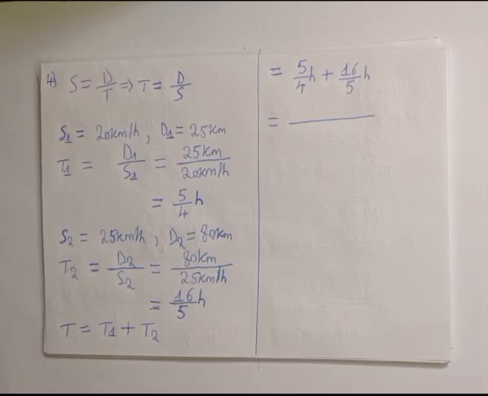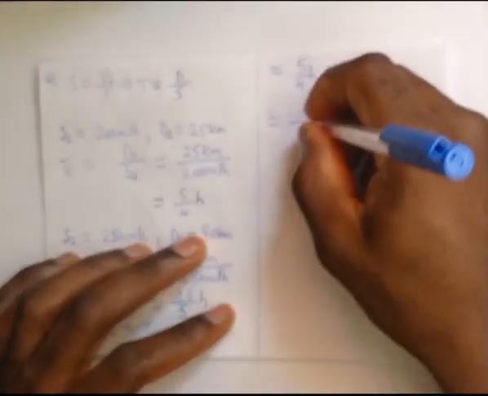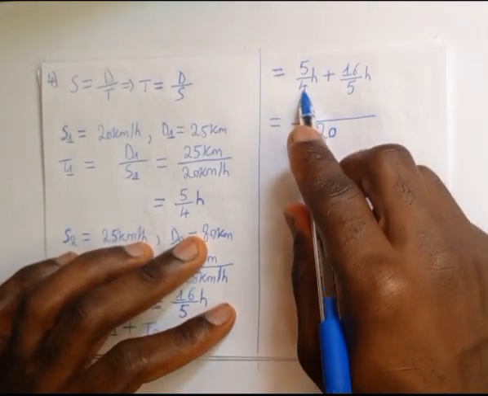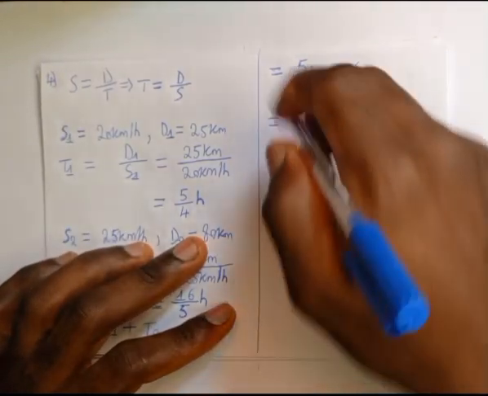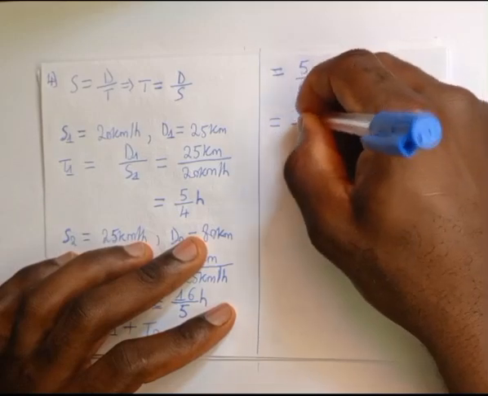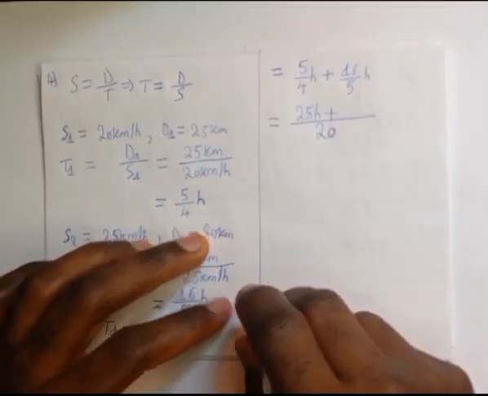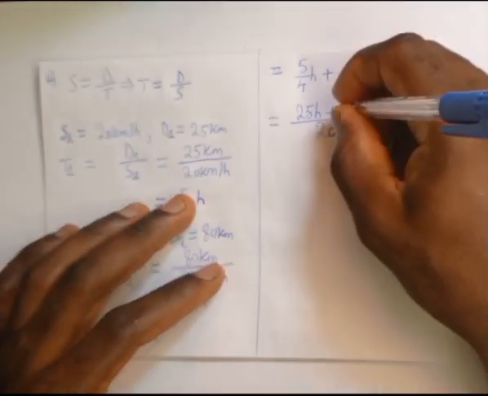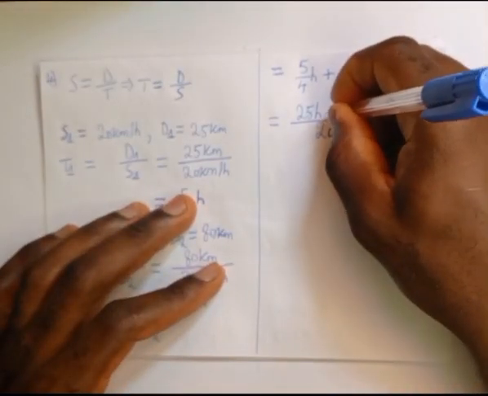The lowest common multiple of 4 and 5 is 20. 20 divided by 4 gives us 5. 5 times 5 is 25. Here we have 25 hours plus 20 divided by 5 gives us 4. 4 times 16 is equal to 64. Here we have 64 hours.